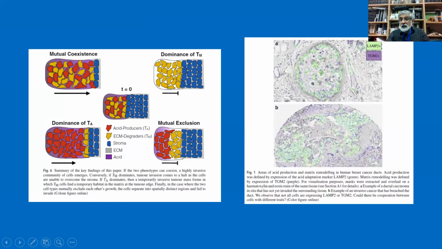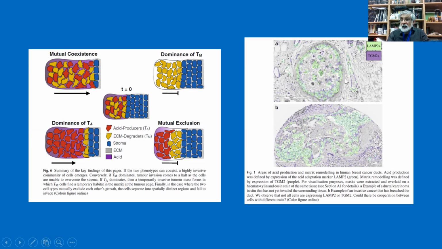And this is not a proof that this model is correct. It's something that says, well, maybe this is worth looking at. This is in human breast cancer, done by the experimentalists on the paper. And the green cells are the tumor cells that produce the acid.